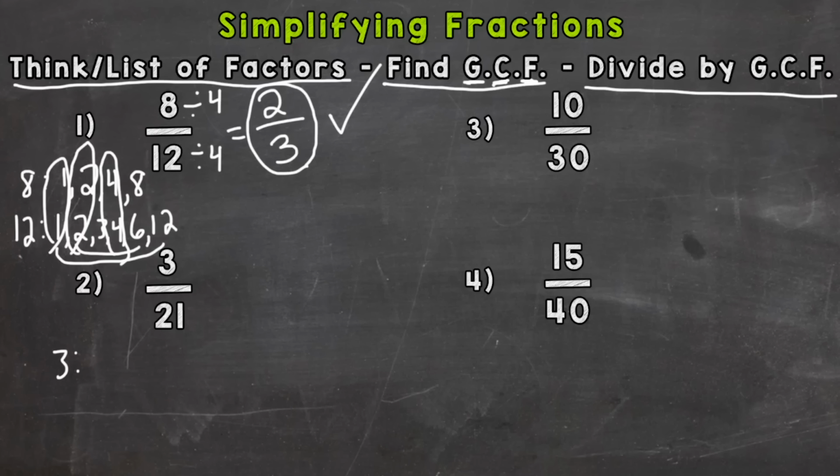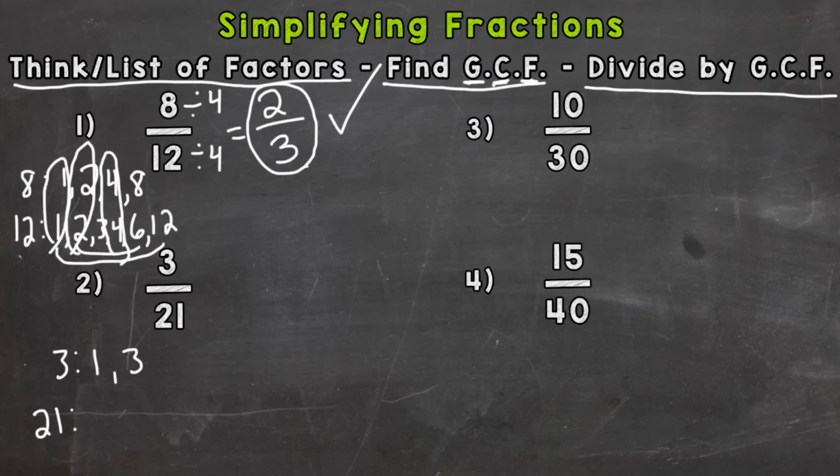What are the numbers that multiply to equal 3? Well, we know 1, right? 1 times 3 is 3. Are there any other numbers? No. 3 is a prime number, so the only numbers that multiply together to equal 3 are 1 and 3. So let's do 21 now.